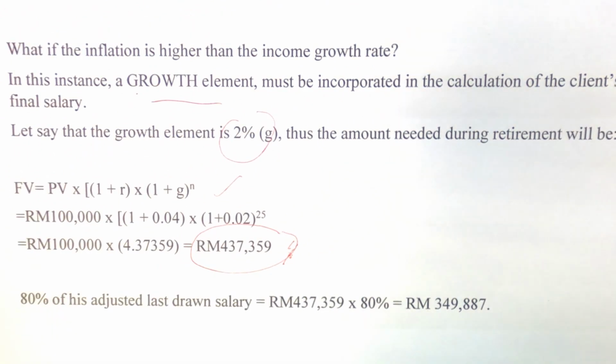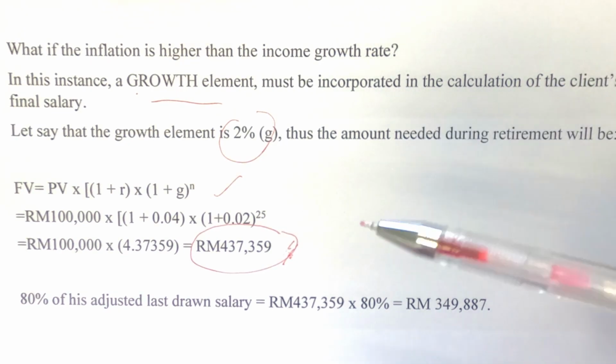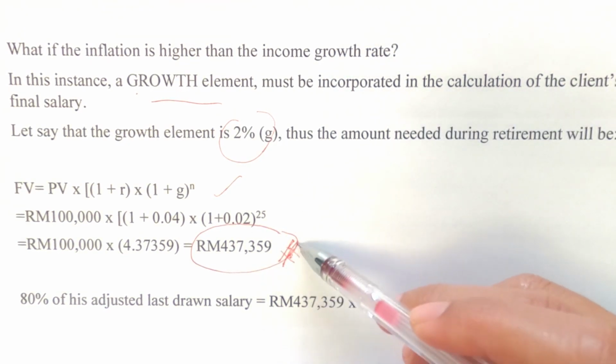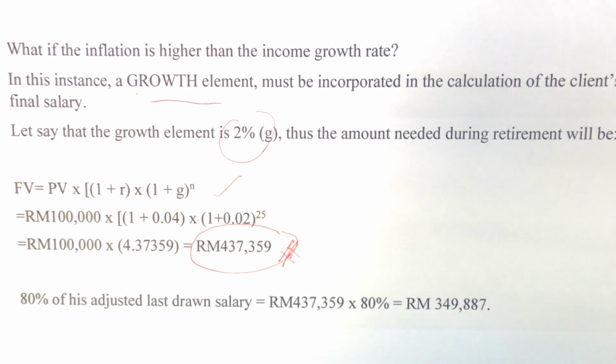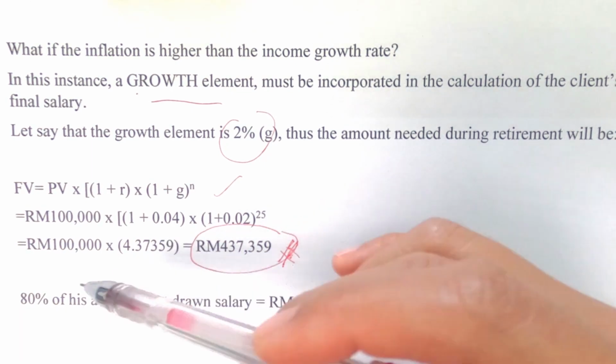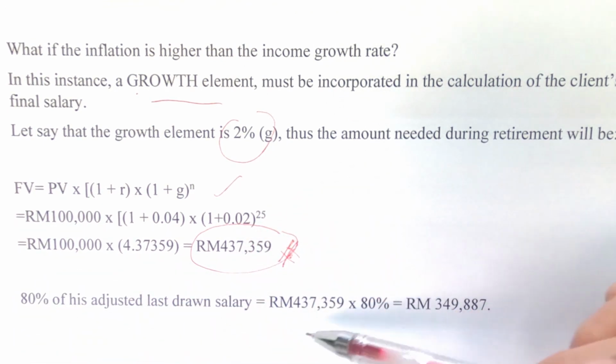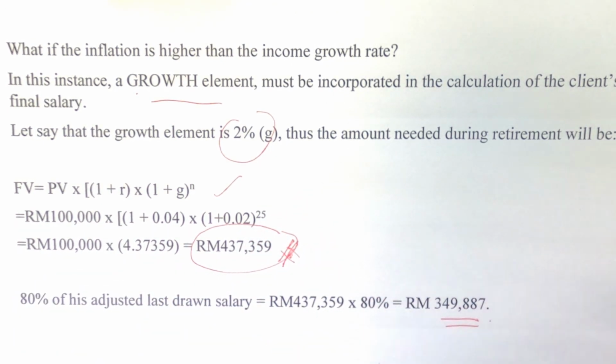But as the inflation rate is higher than the income growth rate, the first year retirement income is also higher, increasing up to 437,359. And if we take 80% of this, the amount is 349,887, where we have already included the inflation in our calculation.